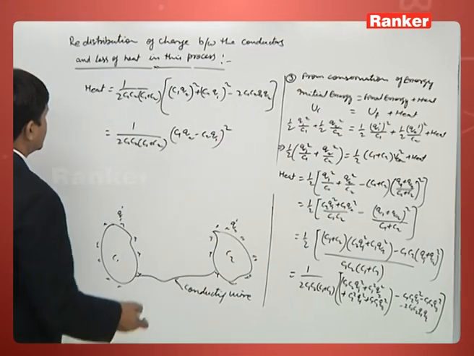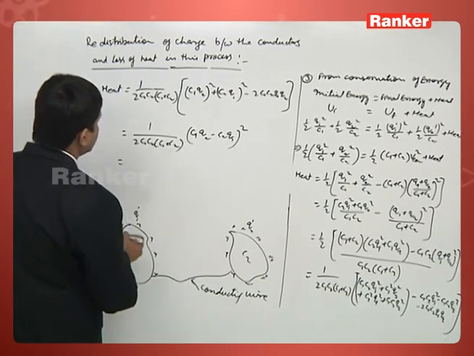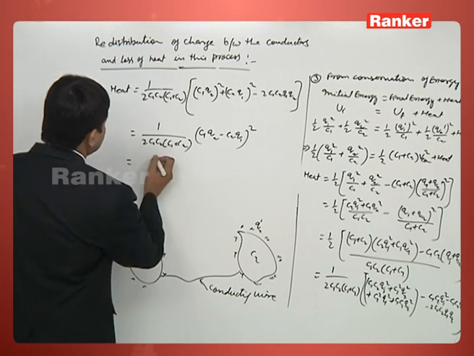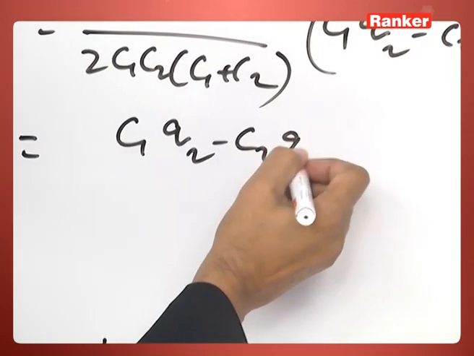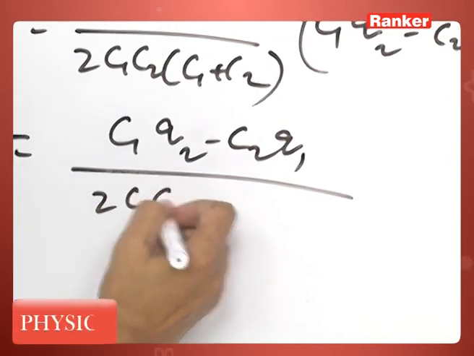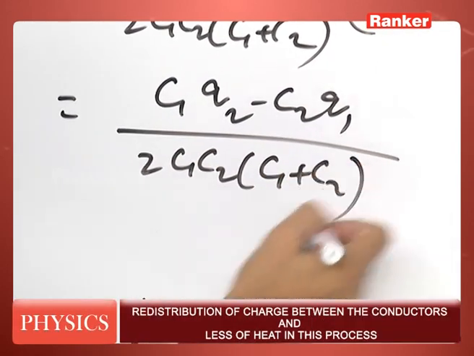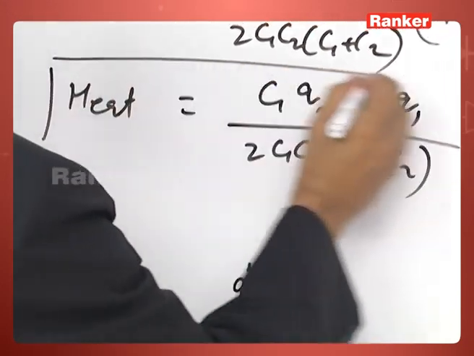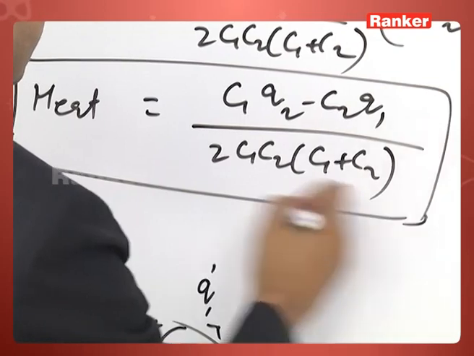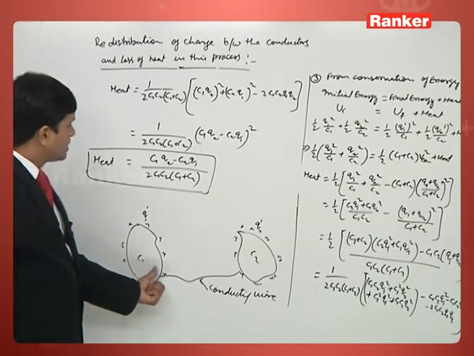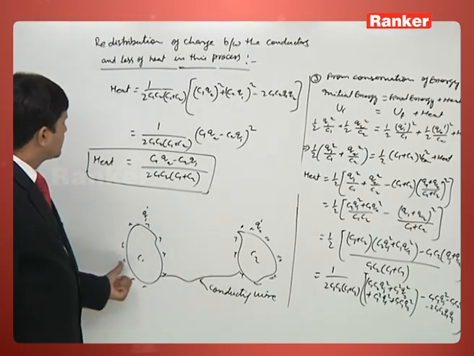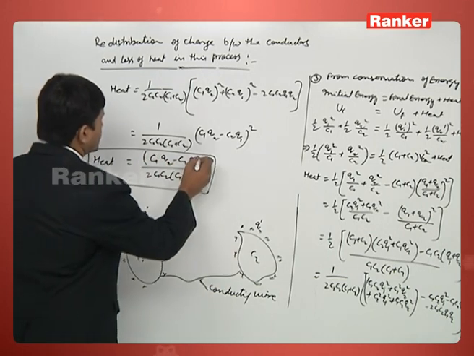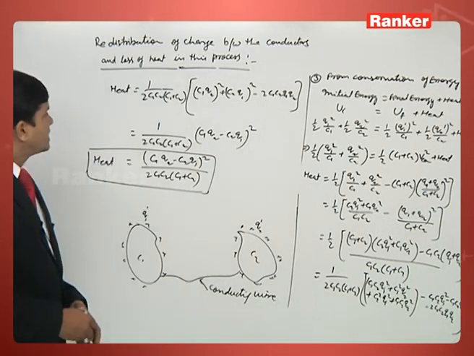This is the relation, or this is further written, if we want we can bring inside, as C1 Q2 minus C2 Q1 whole square by 2 times C1 C2 C1 plus C2. This is the heat developed during the redistribution of charge from this conductor to this conductor.